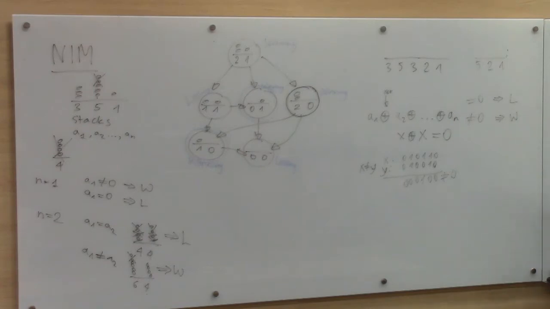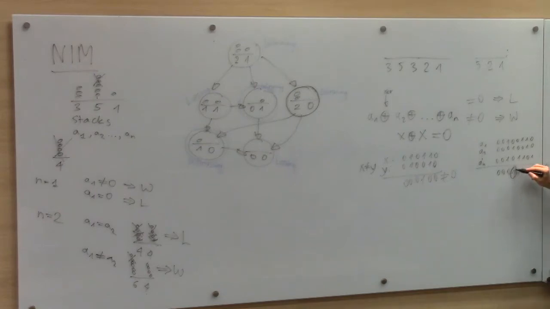But basically, if the XOR is not equal to 0, we have some numbers, and we can write down these numbers in binary, and now we can make an XOR out of them. This will be something like that, and this XOR is positive. So we can look at the highest bit which is 1 in this XOR.